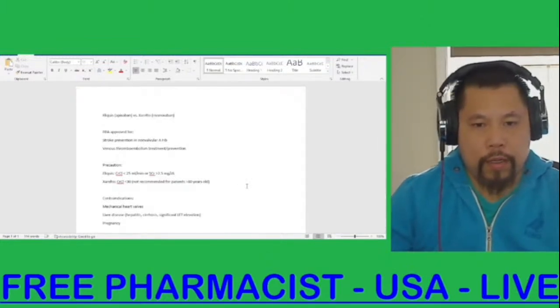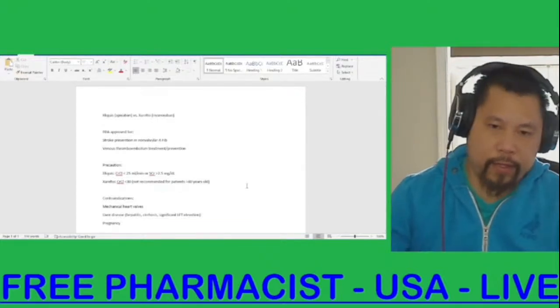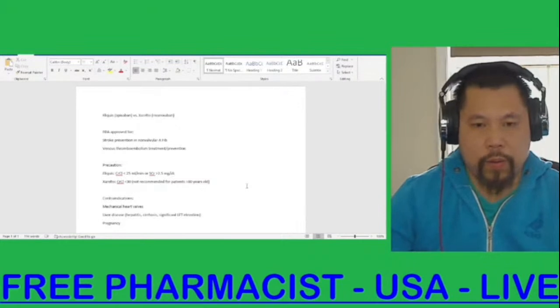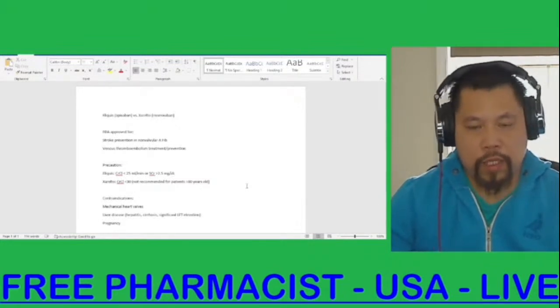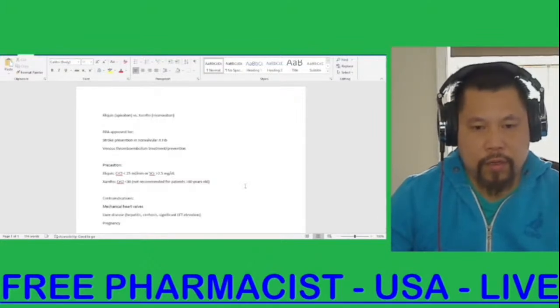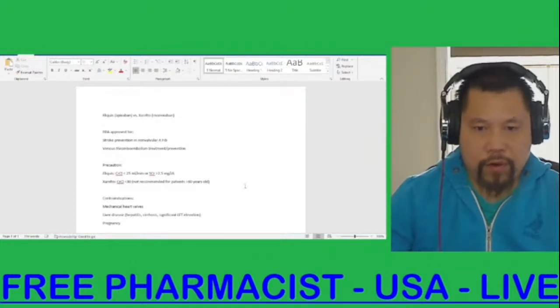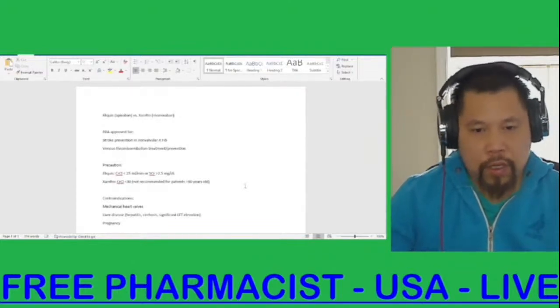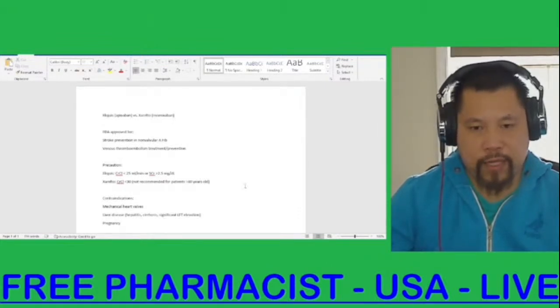So apixaban versus Xarelto, so how do we know how to choose one of these medications. So first, have stroke, non-valvular AFib, and thromboembolism, and DVT or PE.